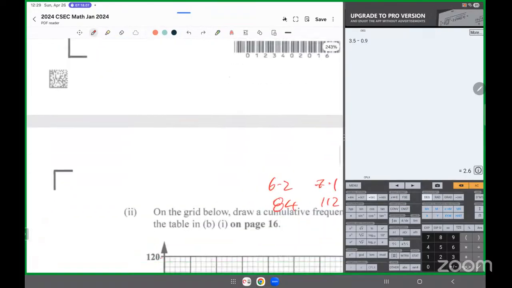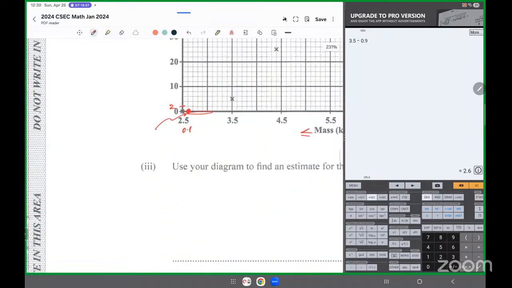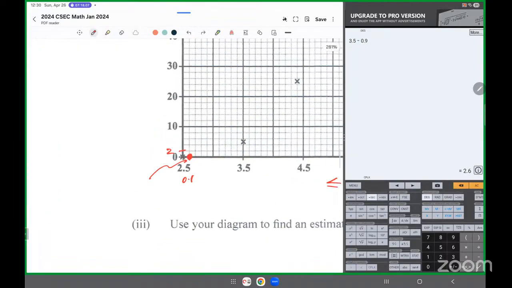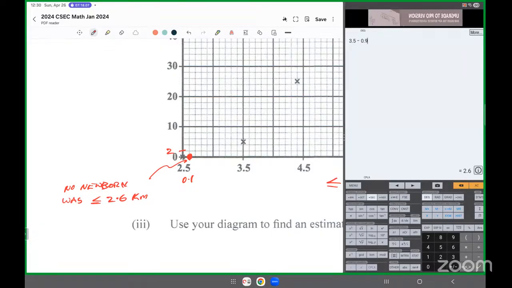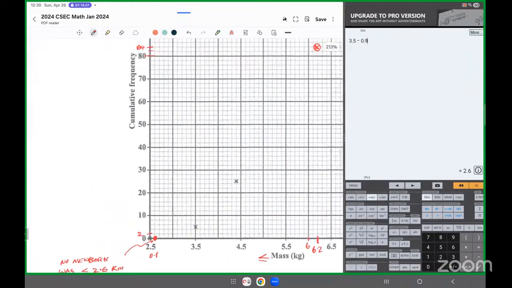So this point means no newborn was less than or equal to 2.6 kilograms. None of the newborns measure less than or equal to 2.6 kilograms. All of them were over 2.6 kilograms. That's what that point means. So that should come down to that.